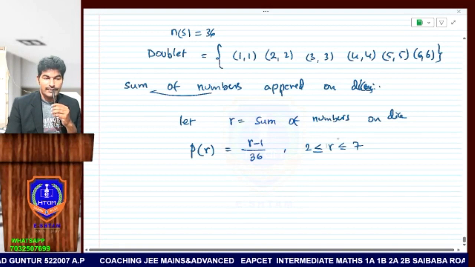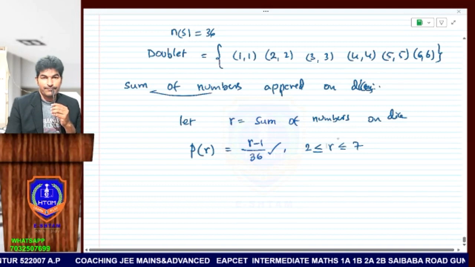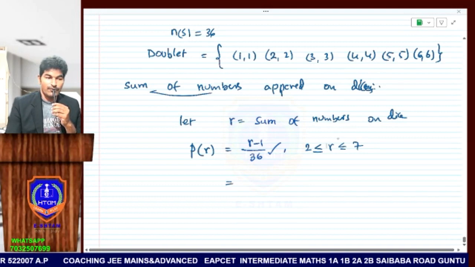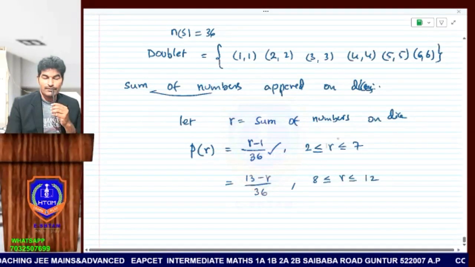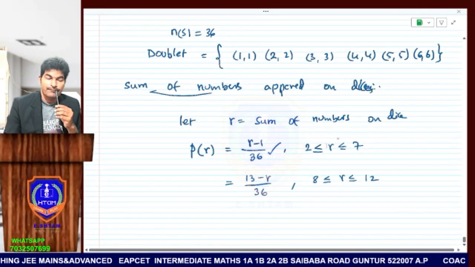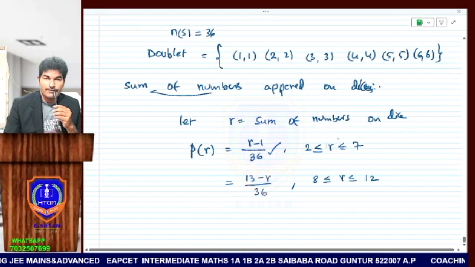For all these cases, you should use this formula to get the probability. And one more formula, the last one: (13 − R)/36. You should use this formula if the sum lies between 8 and 12, because 12 is the maximum sum you get from the numbers on top of two dice.